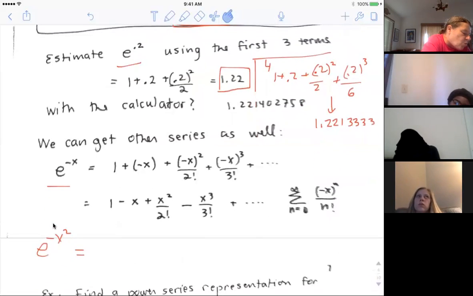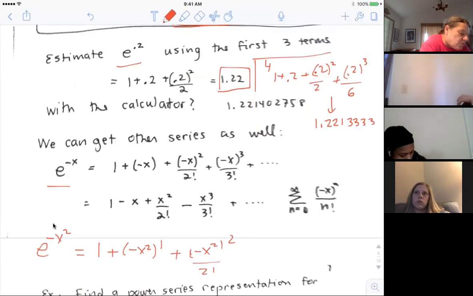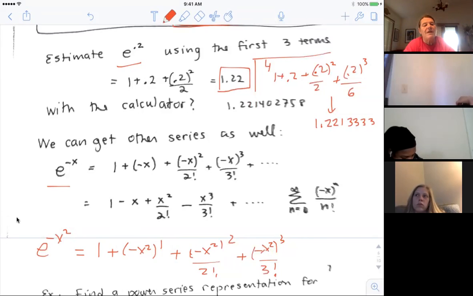So it's going to be 1 plus minus x squared to the first, plus minus x squared squared over 2 factorial, plus minus x squared cubed over 3 factorial, and so on. This one will be alternating. That one was alternating too. This will be alternating as well because of that minus in there.